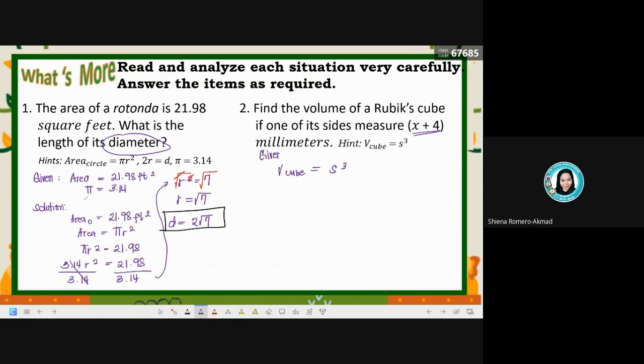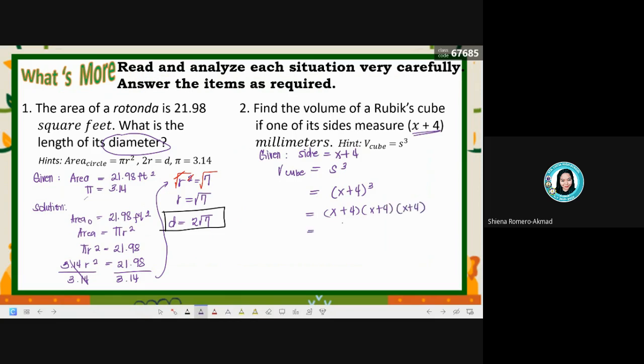The given is side is equal to x plus 4. So, isolve natin yung volume niyan, x plus 4 cubed. So, that means you have to multiply it 3 times. No? x plus 4, x plus 4, x plus 4.